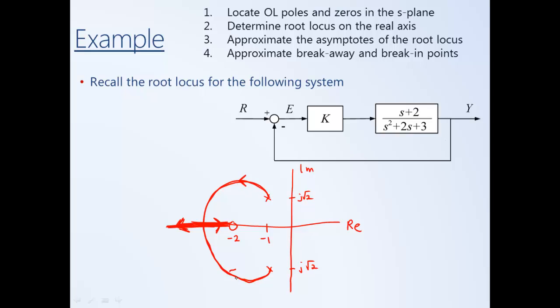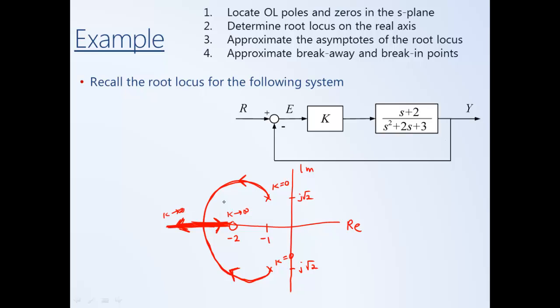The arrows define how the poles move as we increase k. Here we're starting at k equals 0. As we increase k, the closed loop poles move, and as k approaches infinity, they move like this.